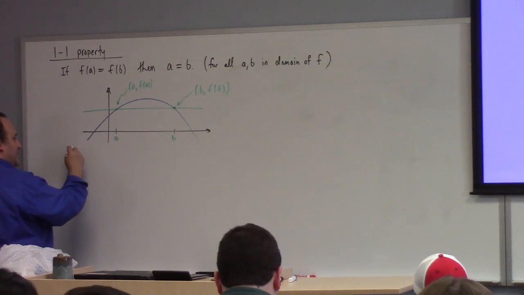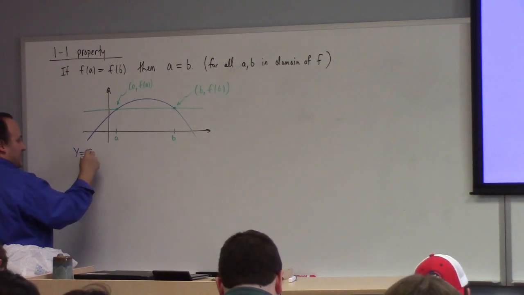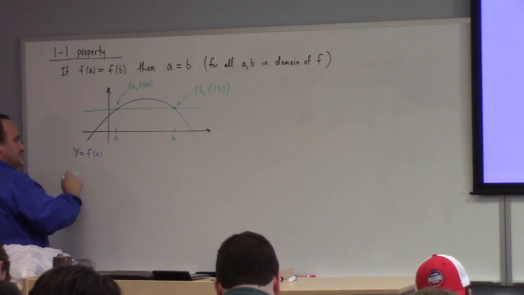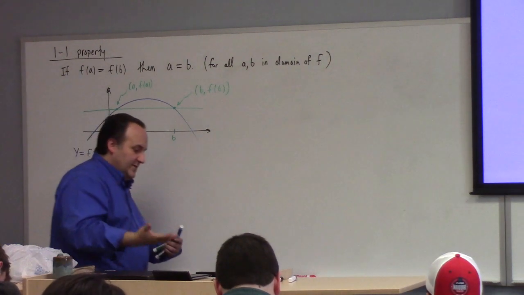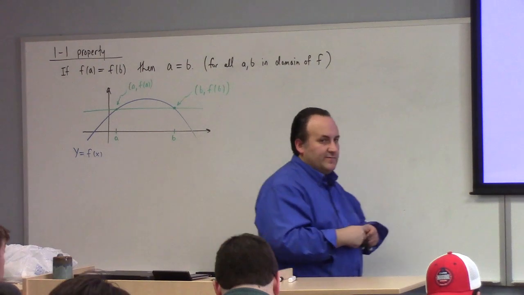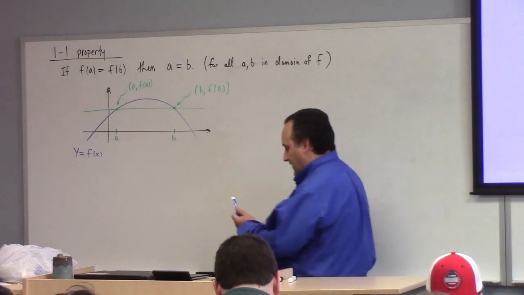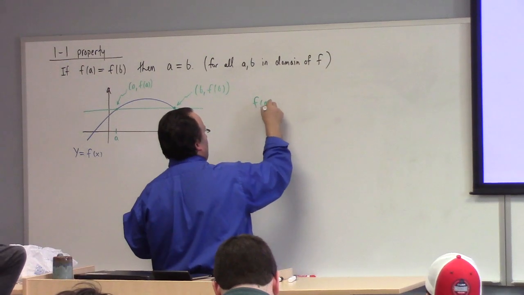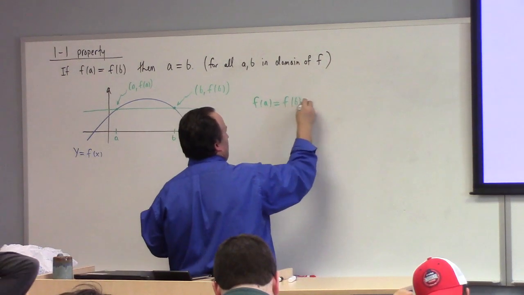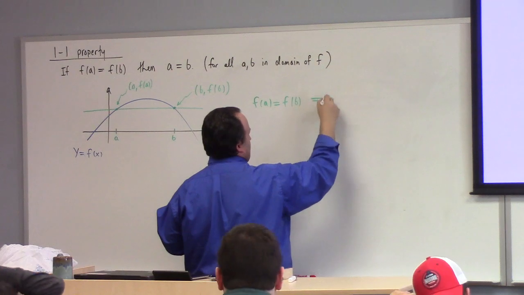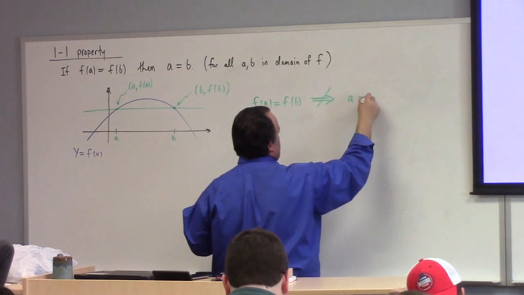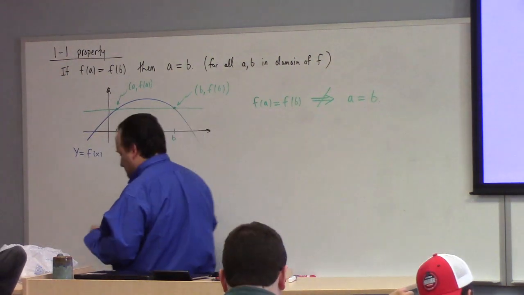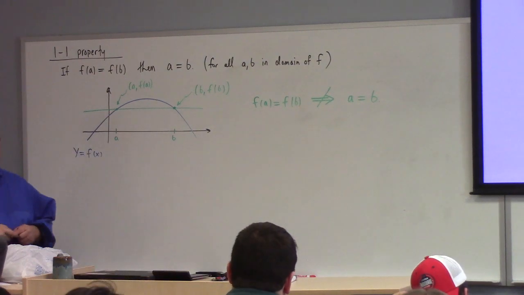The graph is the set of points such that y equals f of x. So if this is the situation, we have f of A equal to f of B, and it does not imply A equals B, right?